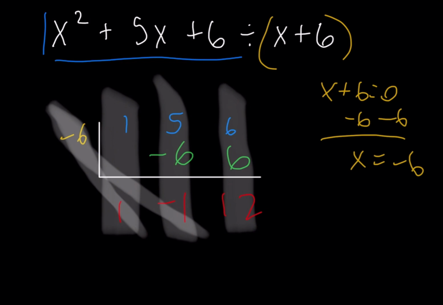So now what we're going to do is apply the variables to where they belong. In our original expression, we had x squared as our highest degree. But whenever we're using synthetic division, we have to start with 1 less x. So instead of x squared, it's just going to be x.